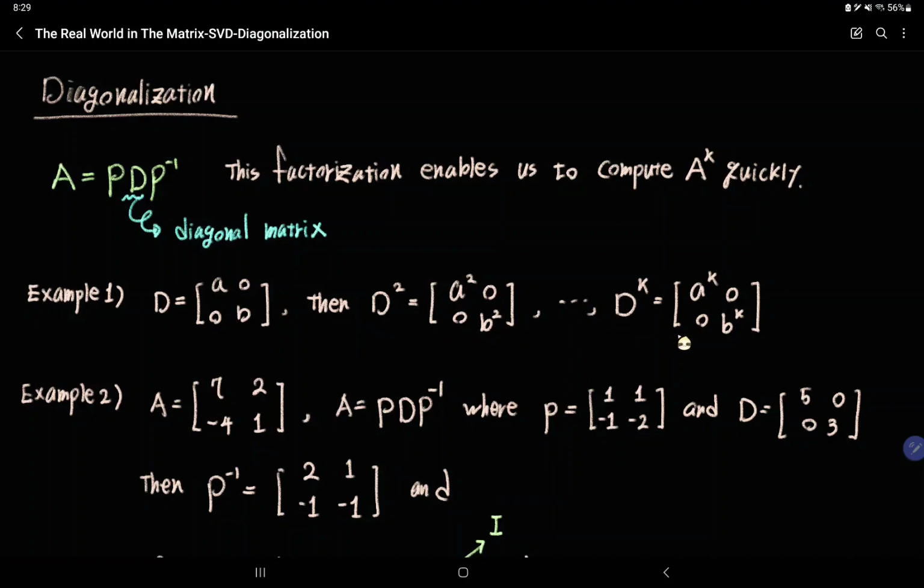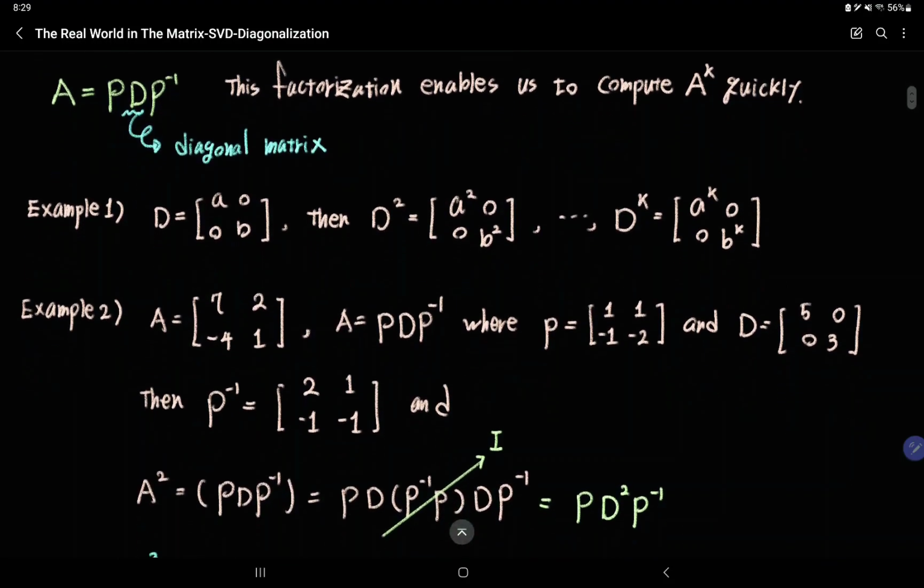As you can see, D squared has a squared and b squared on the diagonal. All of the non-diagonal entries are 0, and each diagonal entry just takes the square. Similarly, D to the k-th power looks like this. So we see the pattern: it's easy to compute the k-th power of a matrix if the matrix is diagonal.